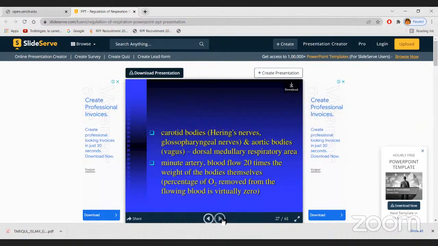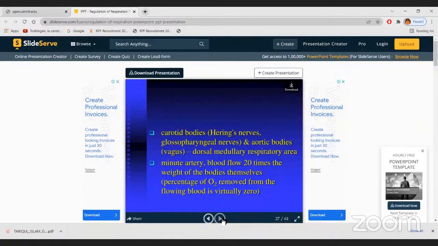The blood flow to the bodies is 20 times their weight per minute, so little oxygen is removed from the flowing blood.